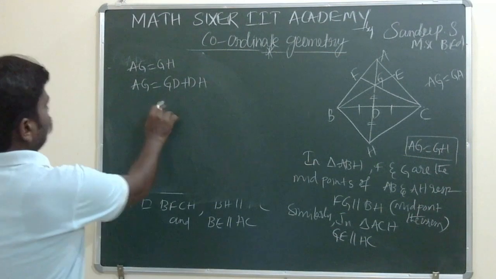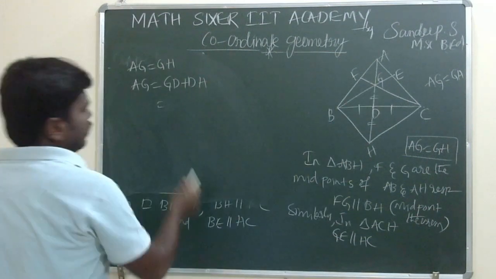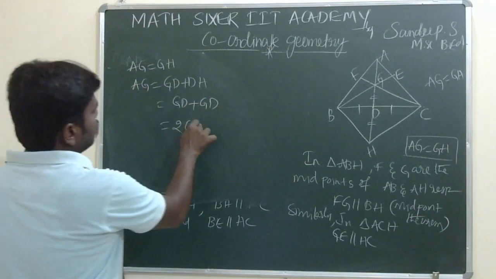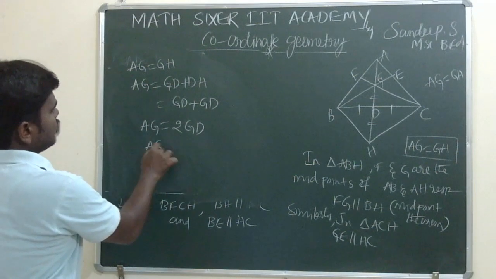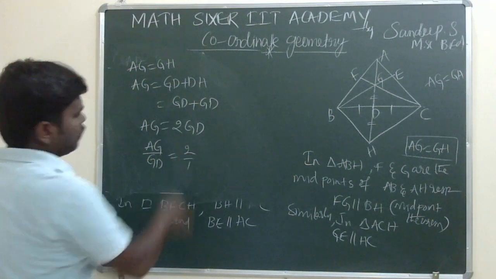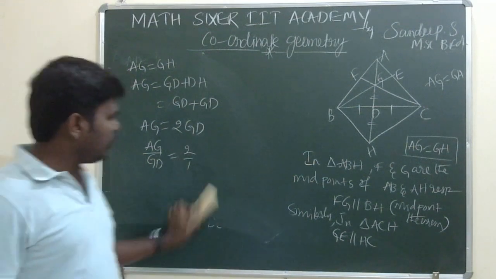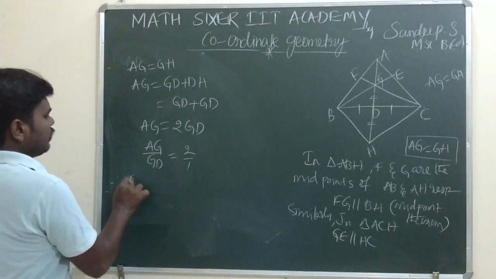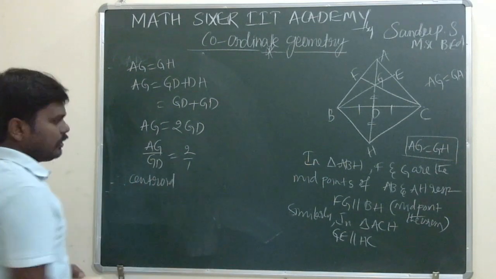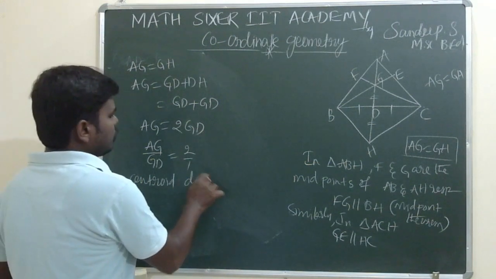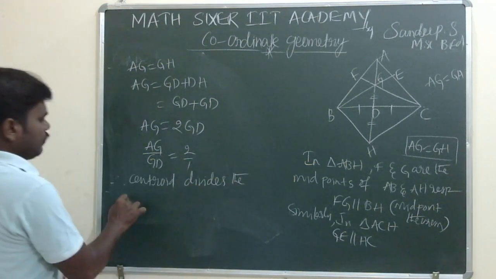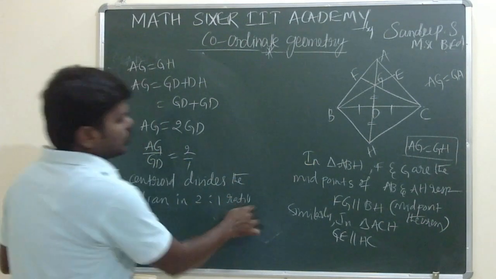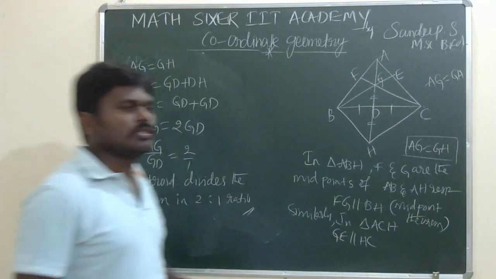Now as we know, DG and DH are equal, so this is 2 times GD. So AG by GD is equal to 2 by 1. That means AG by GD is equal to 2:1, where G is the centroid. Therefore, the centroid divides the median in the ratio 2:1.